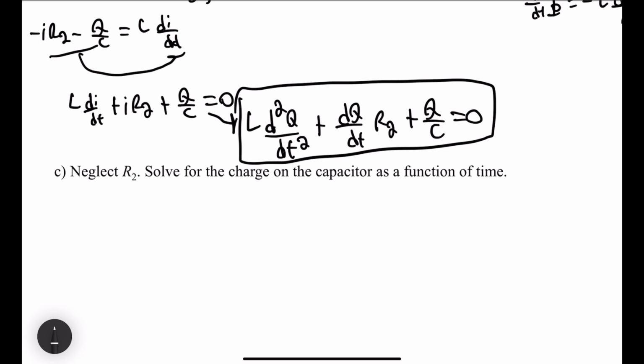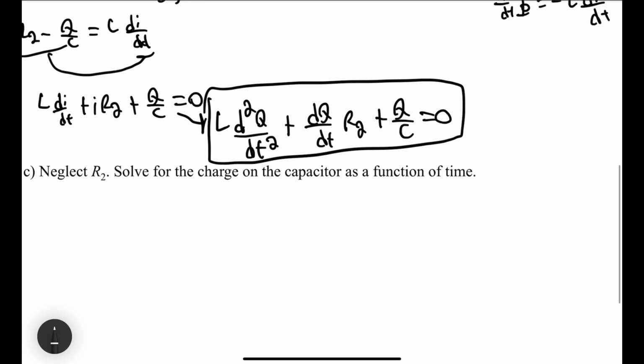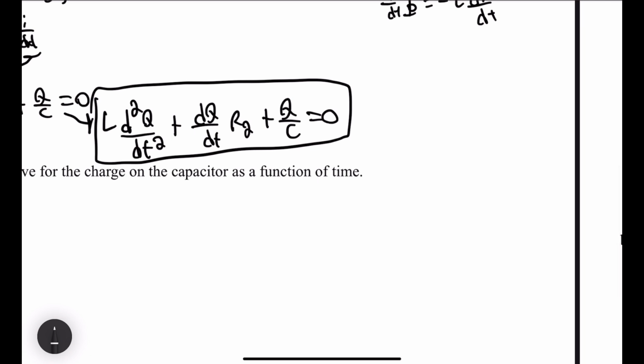But now for part C, if we neglect R2, solve for the charge on the capacitor as a function of time. So now we ignore R2. Then we're left with L d squared q/dt squared plus Q over C is equal to 0. And now we can recognize this as a second order differential equation.